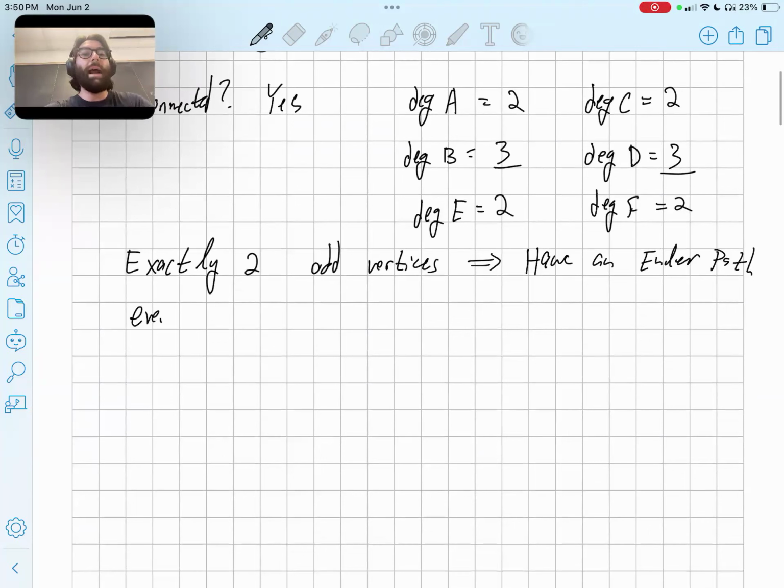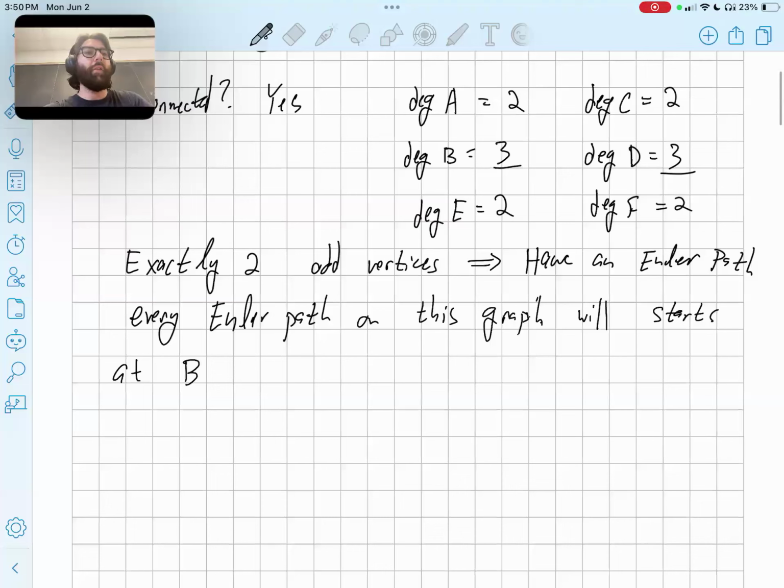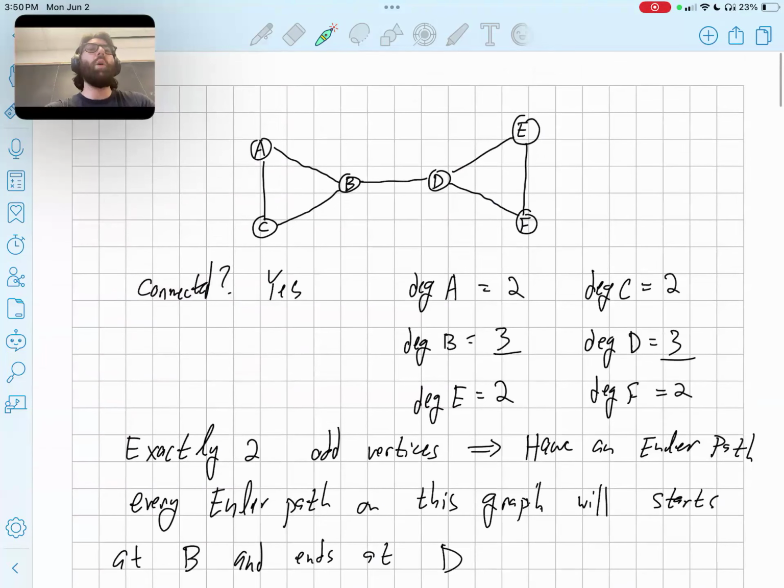So every Euler path on this graph starts at B, our first odd vertex, and ends at D, our second odd vertex, or the other way around, starts at D and ends at B.